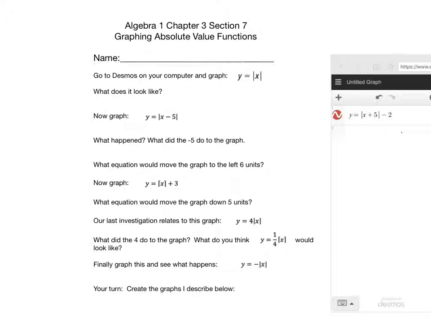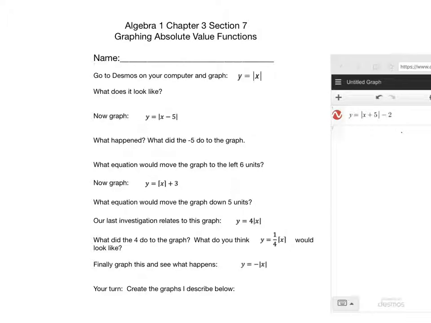Okay. So now we've accomplished a couple things so far. We've been able to figure out how to make things move left and right, right? And for left and right, we have to make sure that we do the opposite sign. The opposite, it's inside the parentheses. To make it move up and down, we put it outside.